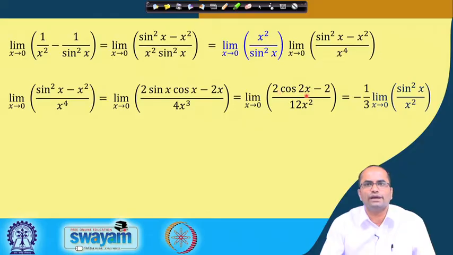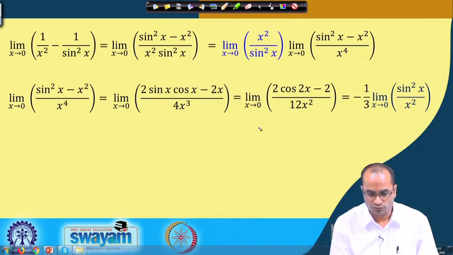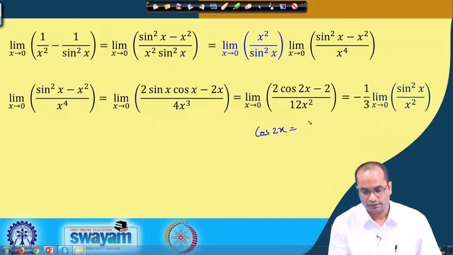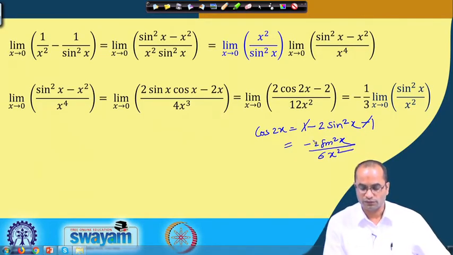This cos 2 x term we can write down as 1 minus 2 sin square x, and then you have minus 1 there. So, the 2 we can take common and we will divide to this 12 here. So, this 1 minus 1 will get cancelled and we have minus 2 sin square x divided by 6 x square. So, this is 1 by 3.